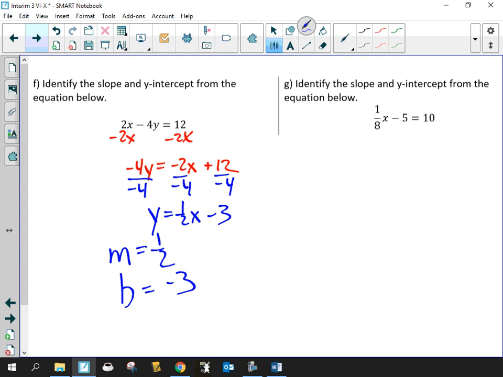Same thing. This one is tricky though, because there's an x, but there's no y. So what do we do? Well, if I multiply both sides by 8 there, oh, I need my calculator again.